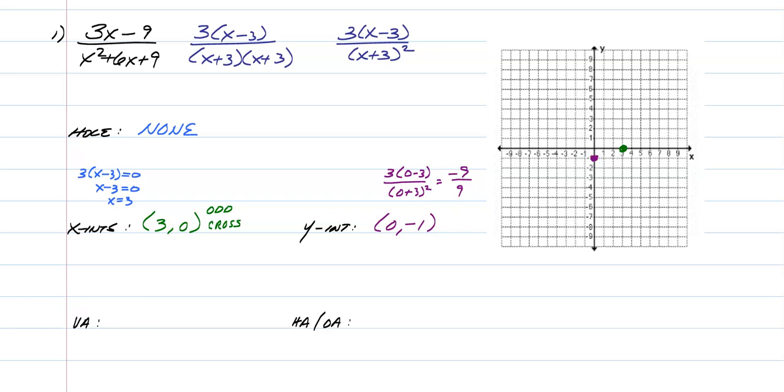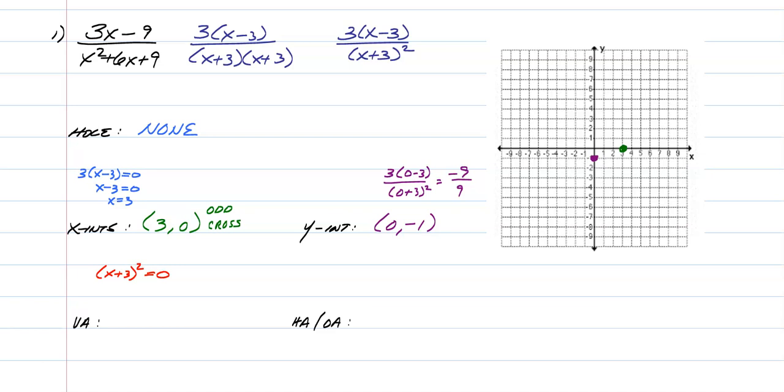Now, your vertical asymptote is when your denominator is set equal to 0. So, we have x plus 3 quantity squared equals 0, which means I want you to notice it is even, and that has an effect.